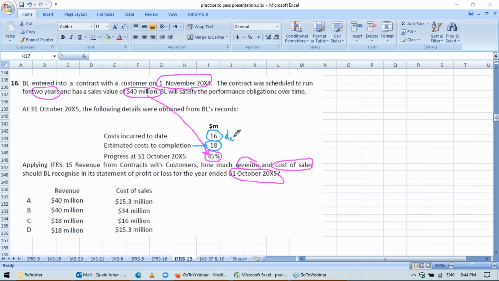This has been done, 16 has been done, and this is yet to be done. This is the estimated cost of completion, meaning yet to be incurred. So the total cost is 34. The sum of these two is 34.